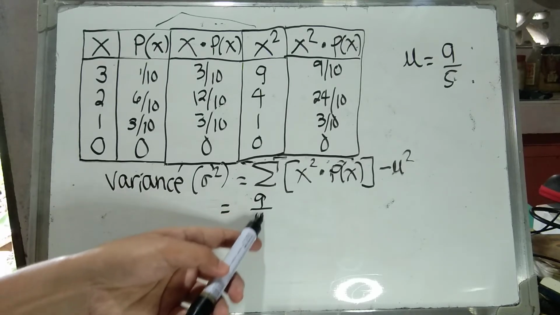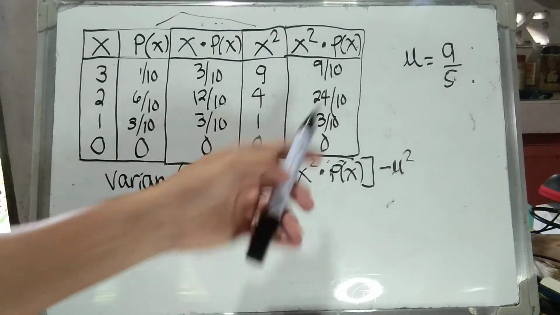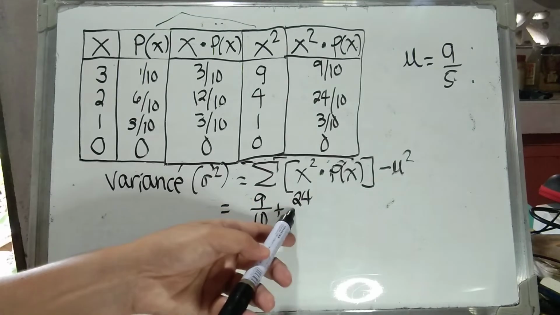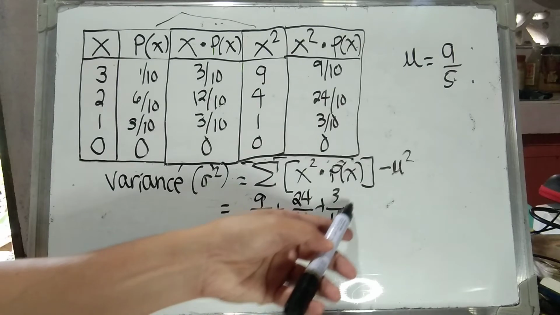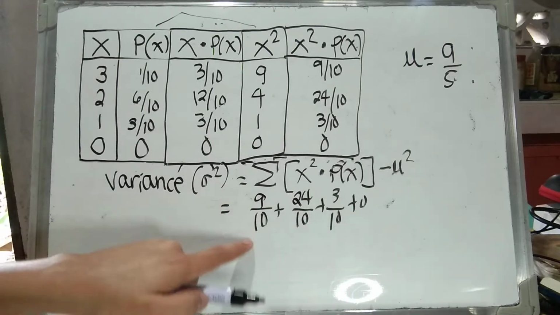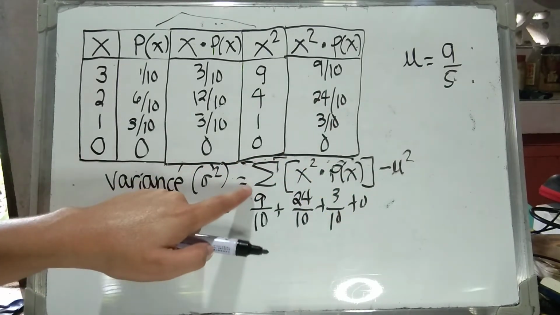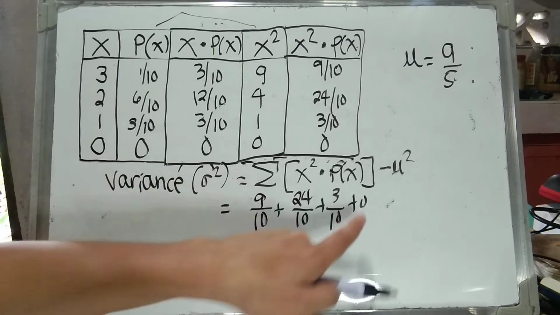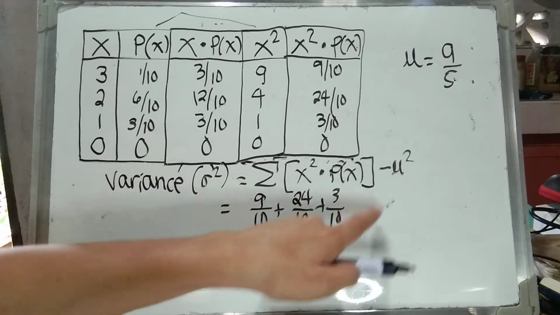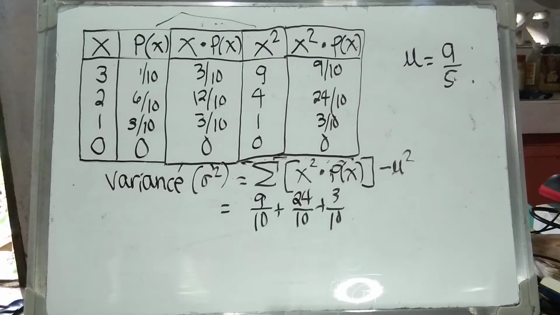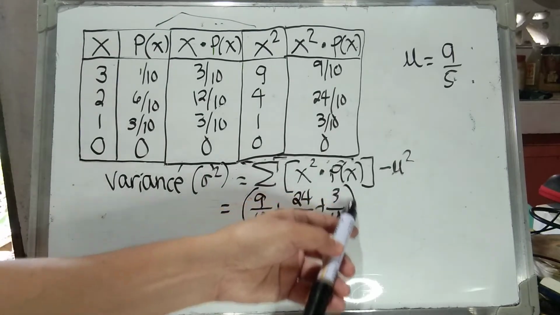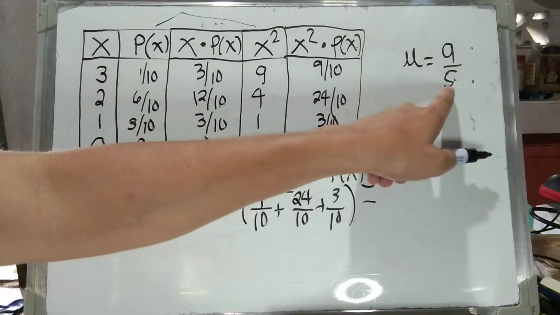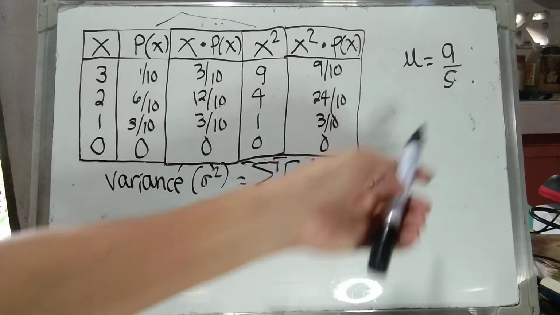So you will have 9 over 10 plus 24 over 10 plus 3 over 10 plus 0. We are adding all the values because of the summation, but plus 0 is not part of the writing. And so, getting the sum of the values minus the square of the mean.